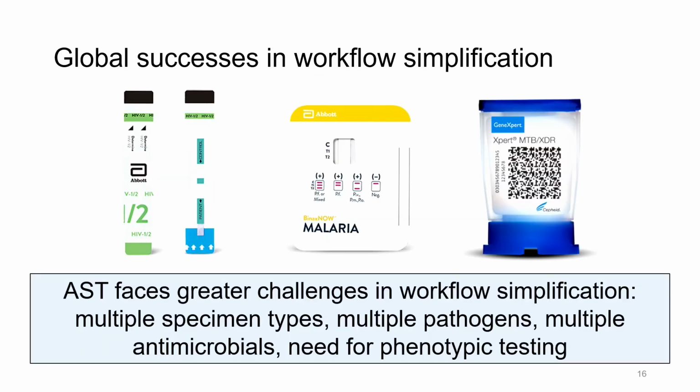And I want to also look at prior successes in workflow simplification for diagnostics. So we already heard about how other infectious diseases have been more successfully managed than AMR on a global scale. I'm showing you here some examples of rapid diagnostic tests for HIV, malaria, and TB that can be used in these limited resource settings.